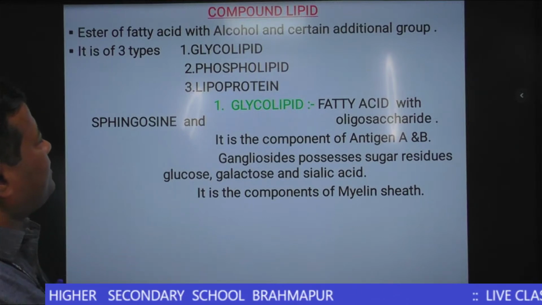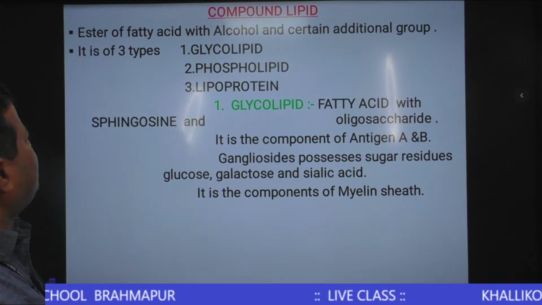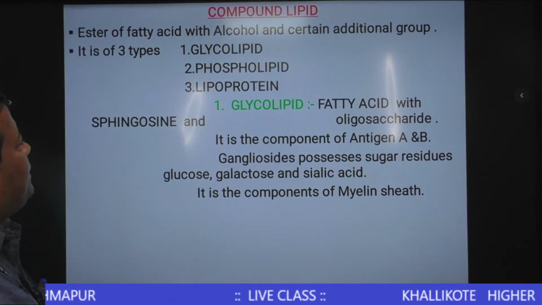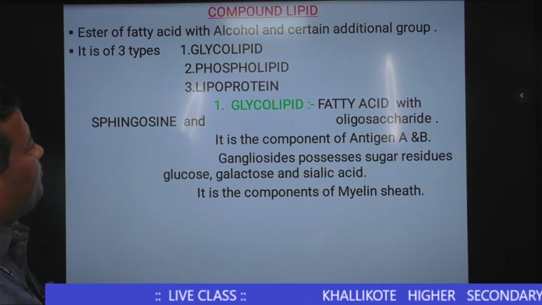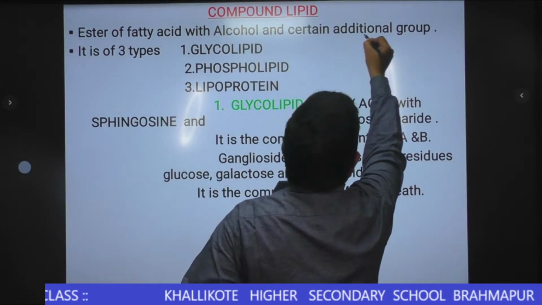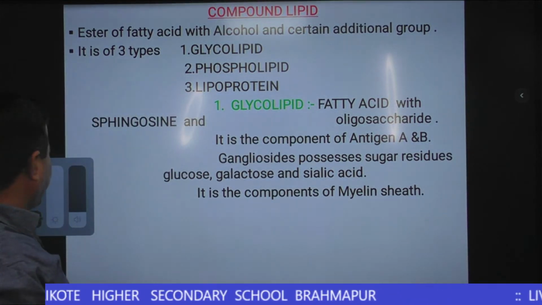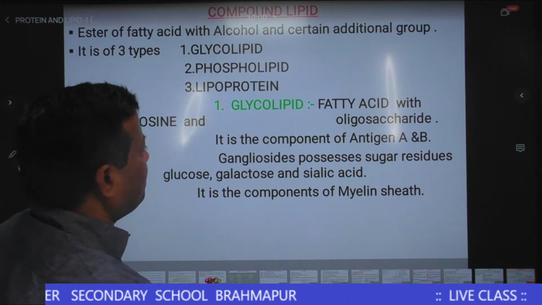Then the second type is compound lipid. What is compound lipid? We have already discussed that when fatty acid combines with alcohol or glycerol and some other additional group, that forms the compound lipid.